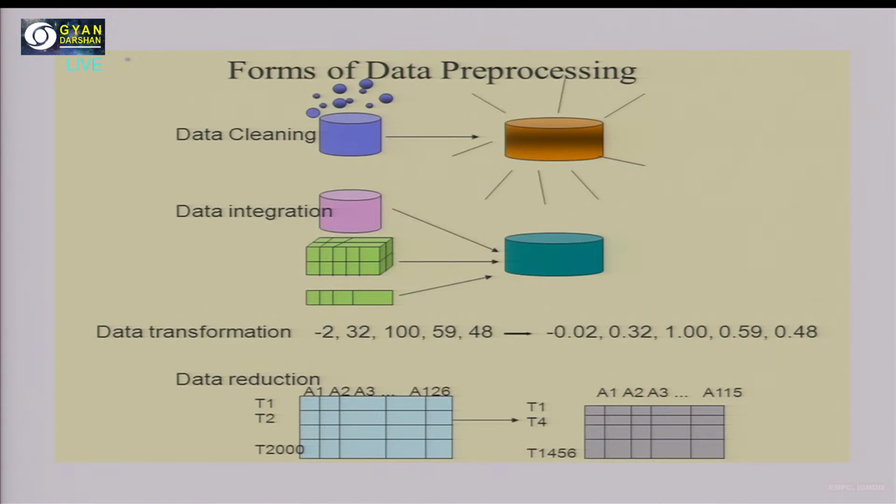Because we needed data in a very specific range, this is what we have done. In data reduction, you might observe that there were many rows and many attributes. This has been reduced. There are many data reduction techniques which help you reduce the data volumes, yet produce the same results.